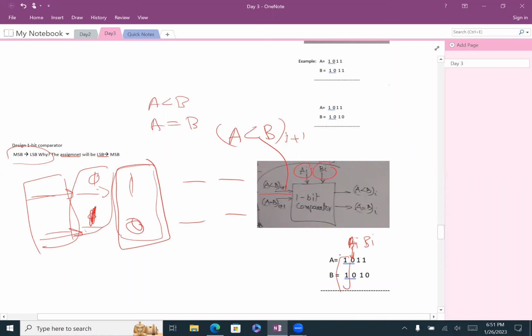And the next stage is going to be A of I plus 1 and B of I plus 1. In the carry look ahead, or the carry adder, because we started from the left, we did minus 1. Here we did plus 1, right?